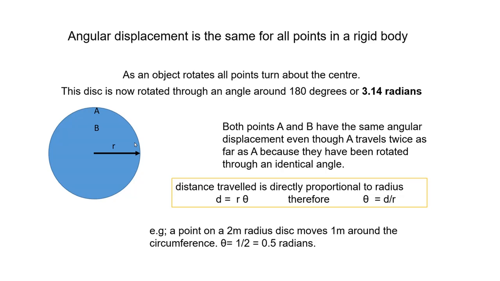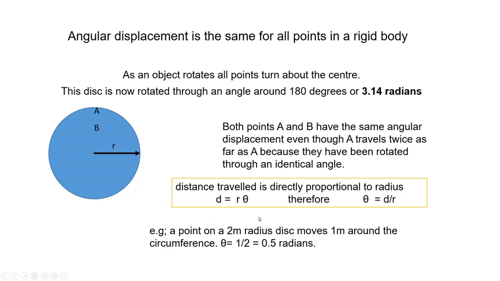So what we have now is we're now rotating this object through 3.14 radians, which is half a rotation, or 180 degrees. Now in this case, point A and point B will have identical angular displacement because they've been turned through the same angle. So even though point A has to travel further than B, their angular displacement is identical.